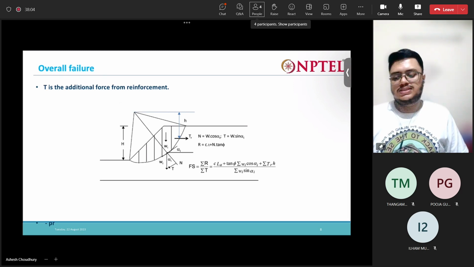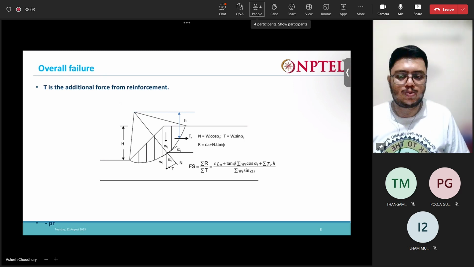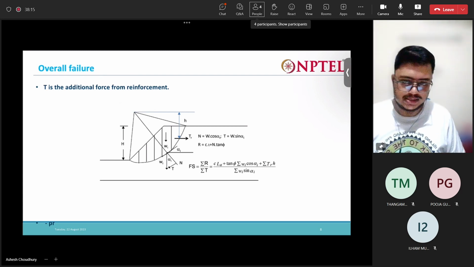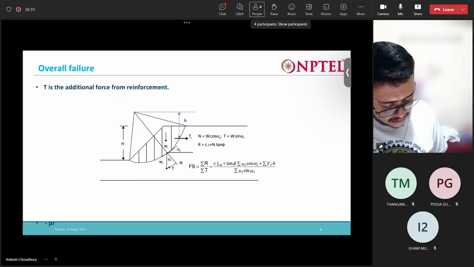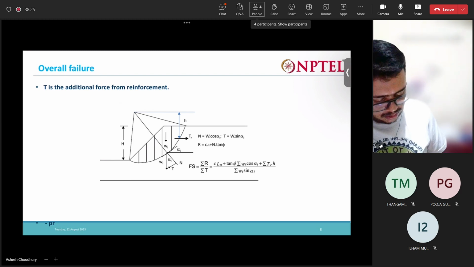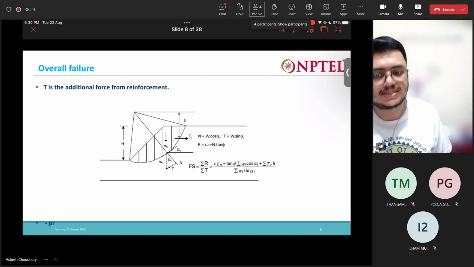And the last check that we need to do is the overall failure check, where we check the slip circle below. First thing we do is identify the slip circle where the tendency of failure will be maximum.